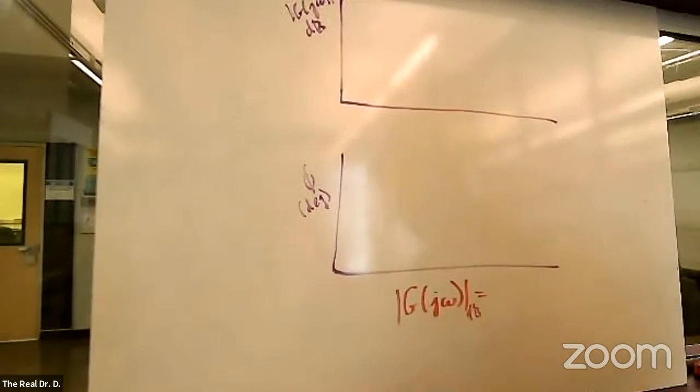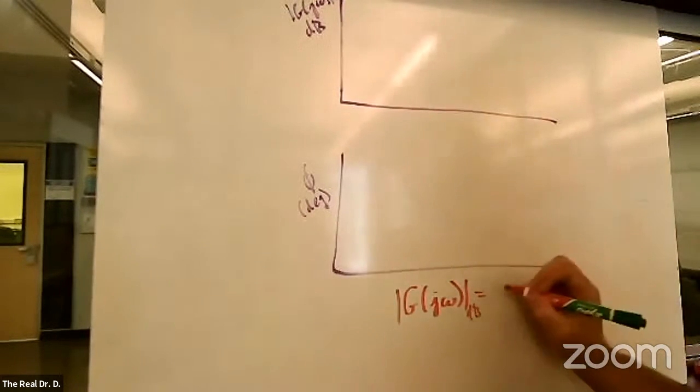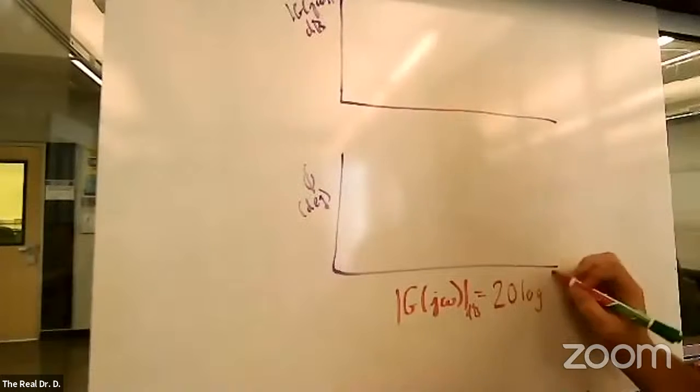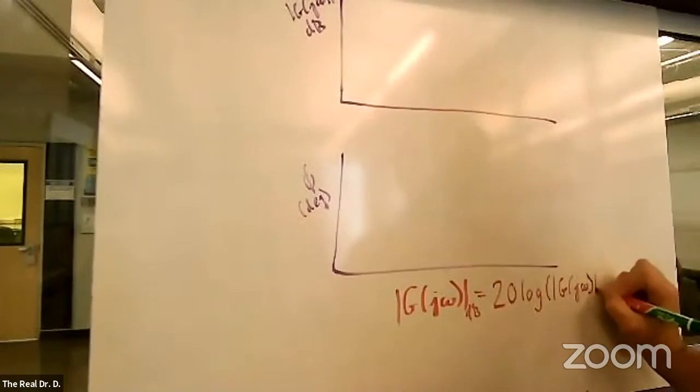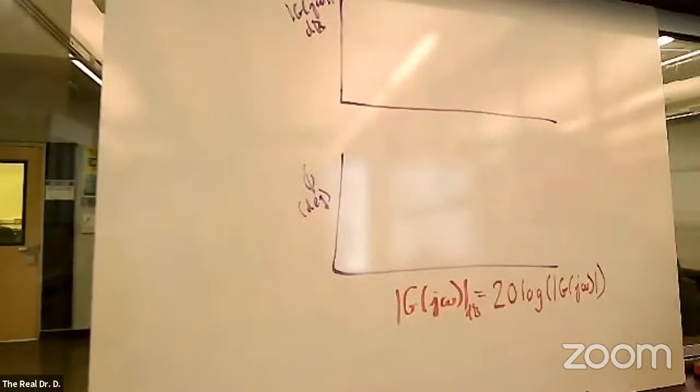How do I convert from magnitude to magnitude in decibels? There it is: 20 times log base 10 of the magnitude of G of j omega. That's what we have to do.